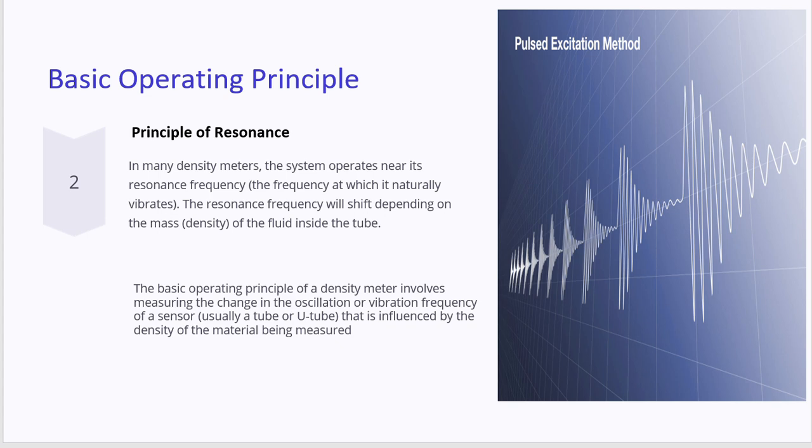The basic operation of a density meter involves measuring the changes in oscillation or vibration frequency of a sensor, usually a tube or U-tube, that is influenced by the density of the material being measured. Here we clearly see there is a peak, which means there is a resonance, and at the point of resonance, that gives the density of that particular fluid.